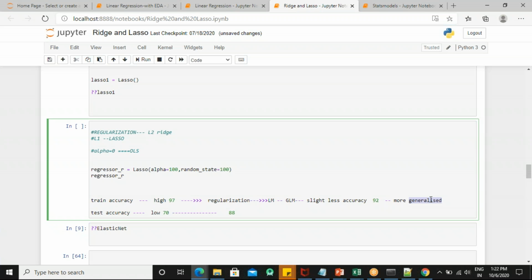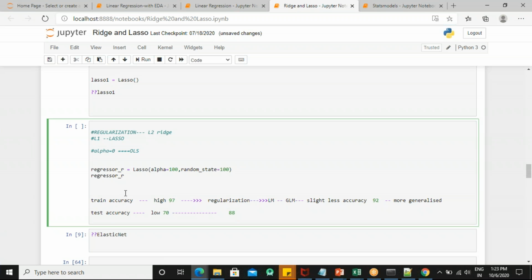But if you become specific, you may be good in a particular case, but not in all cases. So our models should be more and more generalized, not specific. And regularization is a step towards generalized models. So your train accuracy might be slightly lesser than the OLS model, but you will avoid overfitting. Okay, that's the crux of what we discussed today.